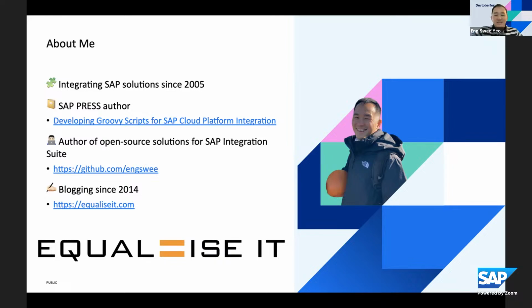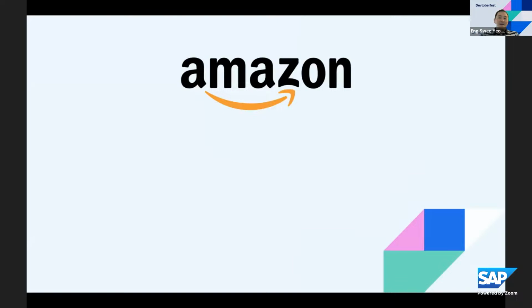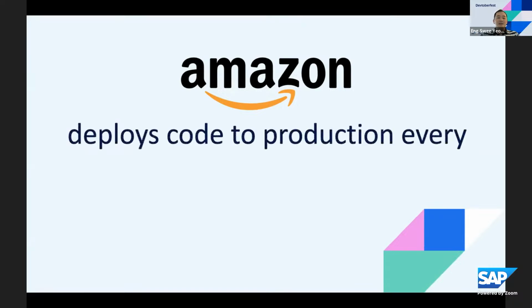So I jumped ahead just now. So now we start with the quote. I know Amazon has had a lot of flak recently for their RTO policies, but let's shift focus and look at it from a technical perspective. Amazon deploys code to production every, what do you think? 11.6 seconds.